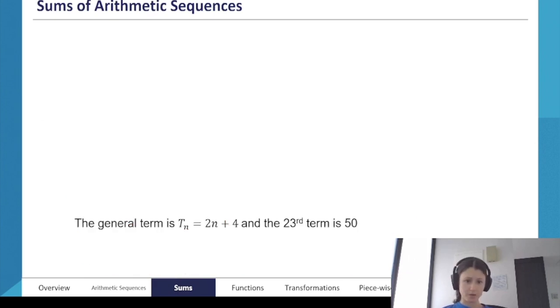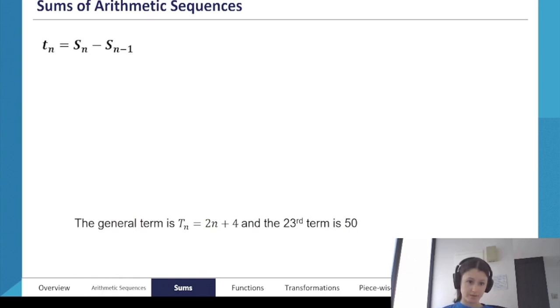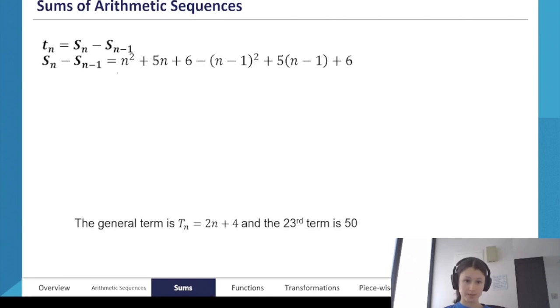Applying this, we now need to sub in n. This section here is Sn. Now we're going to be taking away the sum for n take 1.